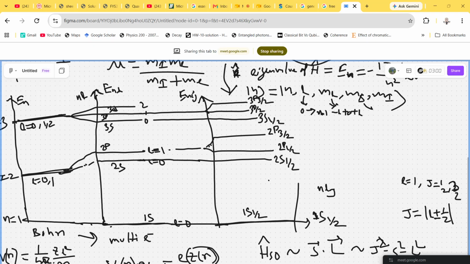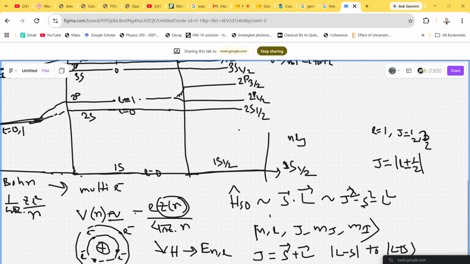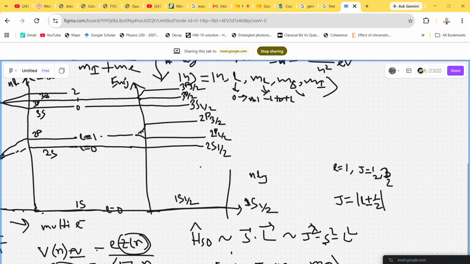Electron and nucleus, one negative and one positive charge, there can be some interaction. So they put in another coupling term, the nucleus spin and electron angular momentum interaction, so that we can split the energy levels more.